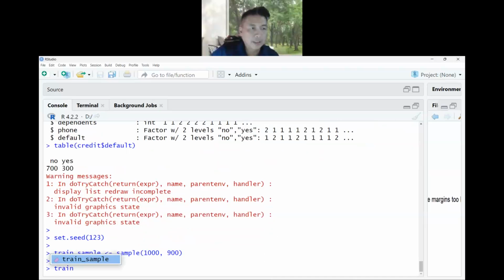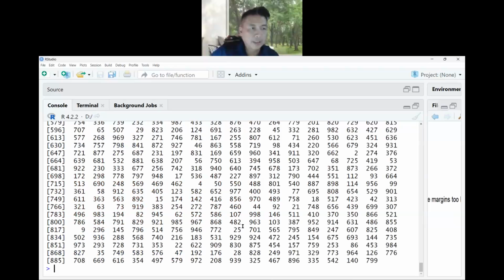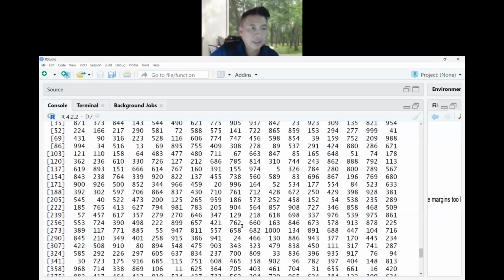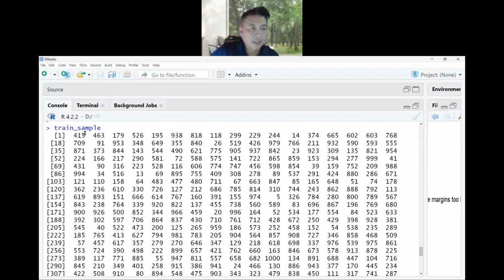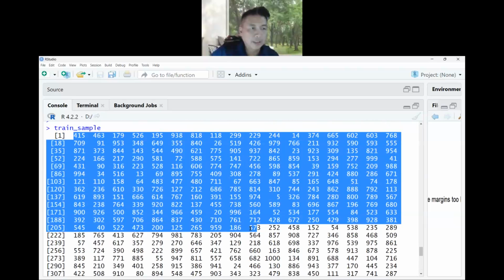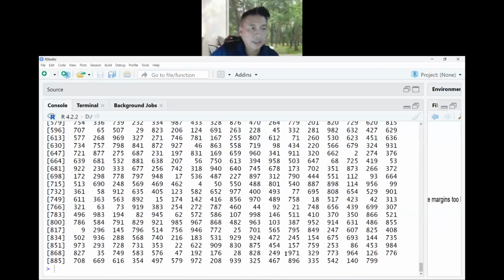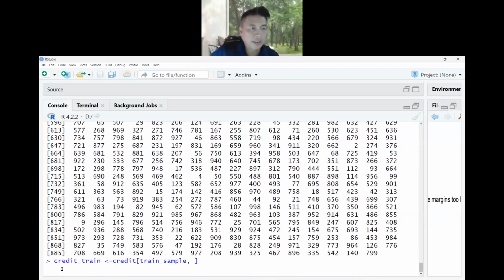If I look at the content of this, it is basically the ID of the 900 of them, so basically this is the row number. So what happens is that I will only select these row numbers to be put in the training set.